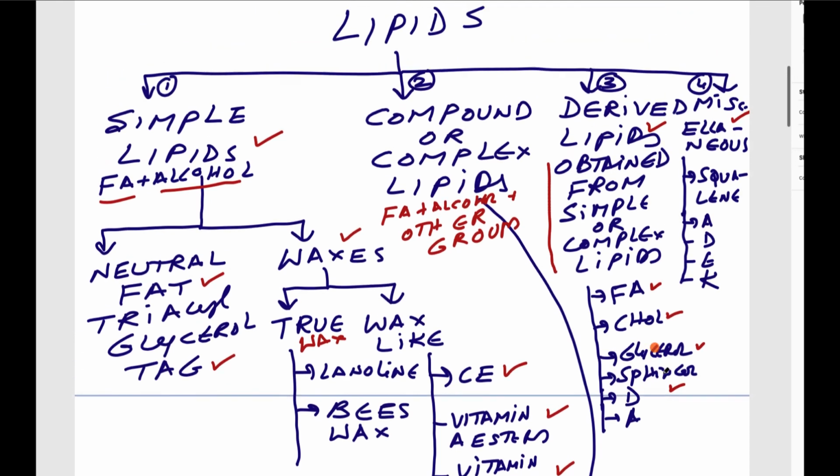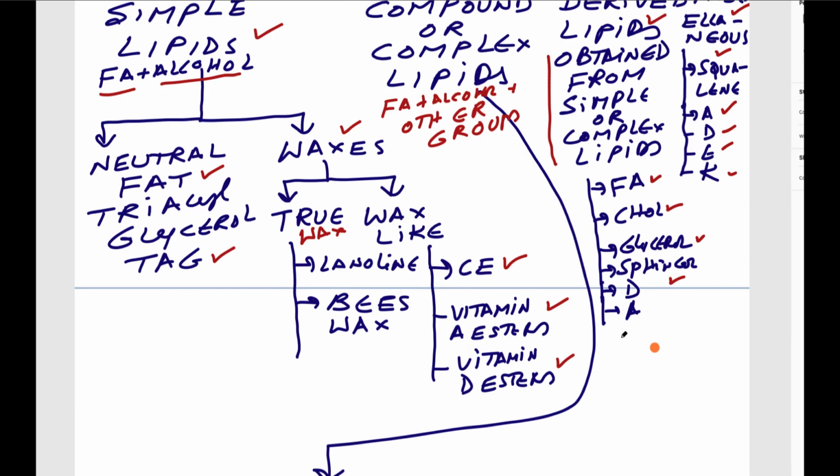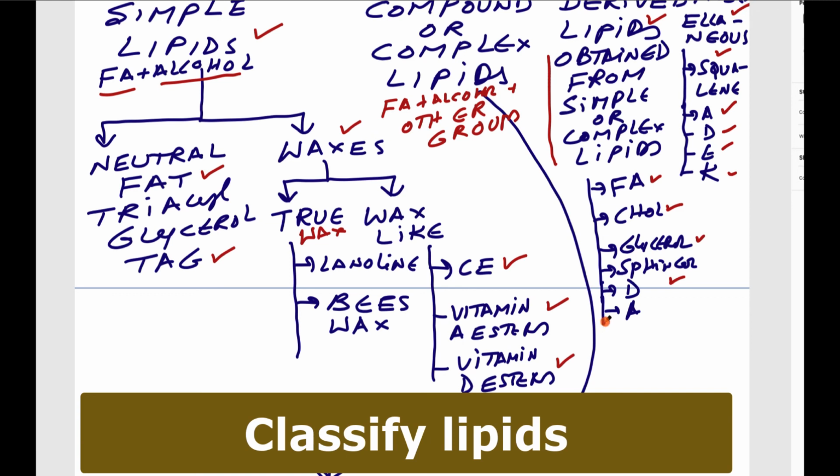What is the miscellaneous group? Those lipids which cannot be categorized into simple, compound or derived lipids are put under the miscellaneous group. In the derived lipids, we can also add steroids.